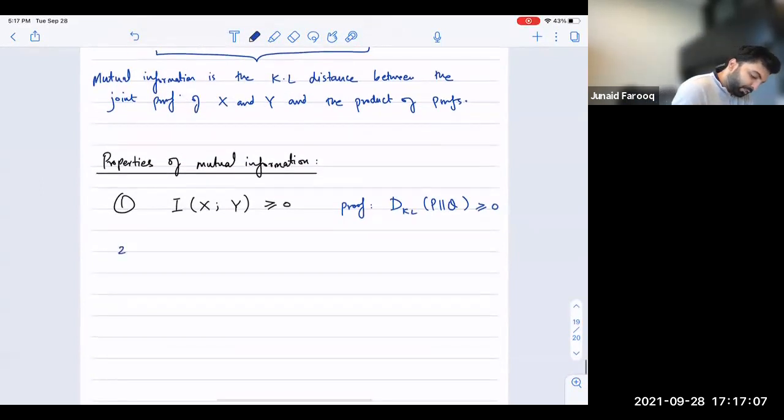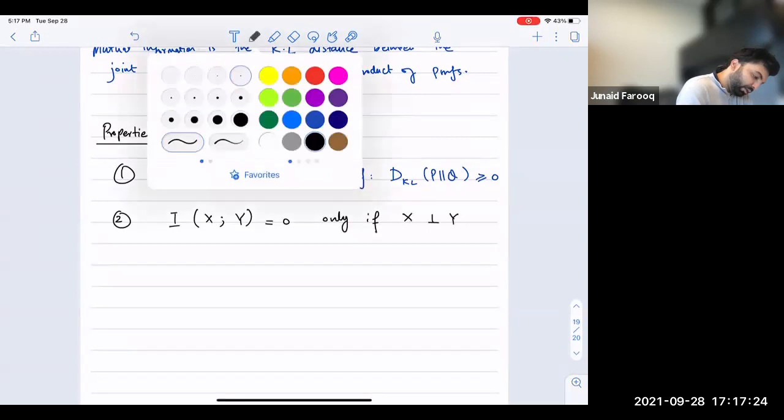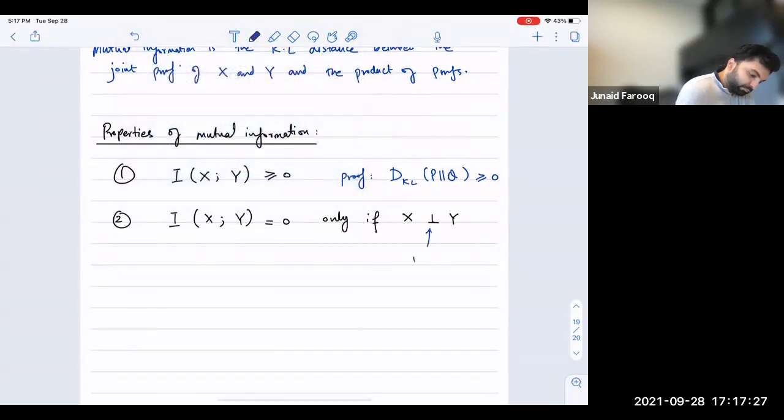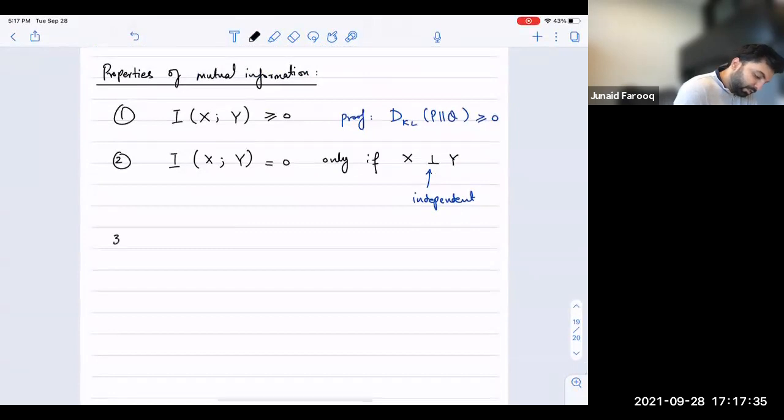Now, the second property is that mutual information is zero only if X is independent of Y. And the final property here is that it is symmetric, which brings beauty to the whole idea, right?